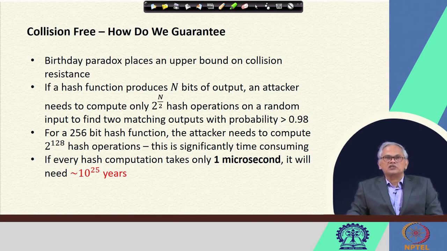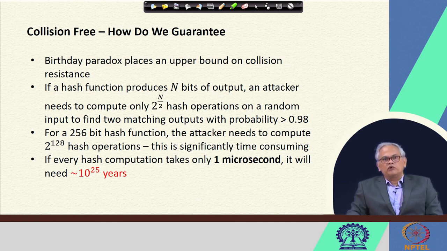For a hash function that produces n bits of output, say n is 256, it can be shown that an attacker needs to compute 2 raised to the power n by 2 hash operations on random inputs to find two matching outputs with a probability greater than 0.98.